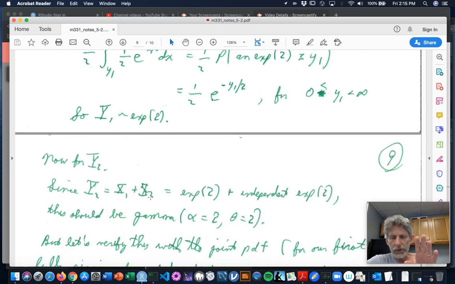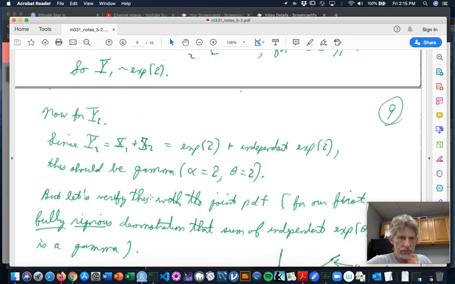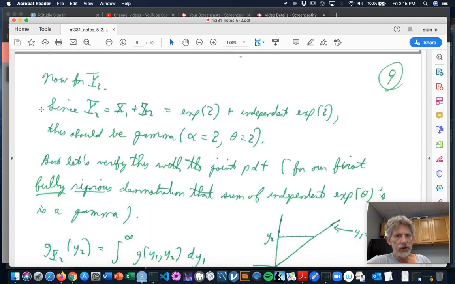Okay, now for y2, which is more interesting. Intuitively, we expect, since it's the sum of independent exponentials, that it should be a gamma, because each exponential is like the waiting time for the first event in a Poisson process.